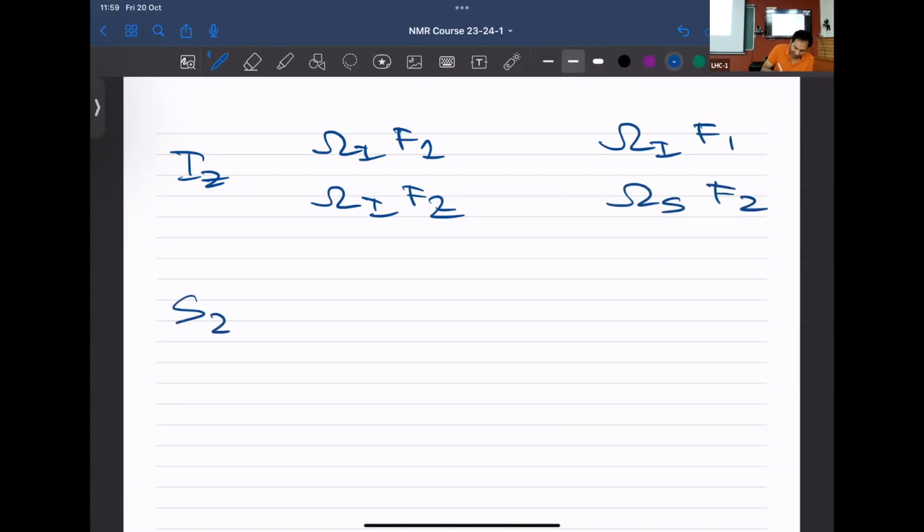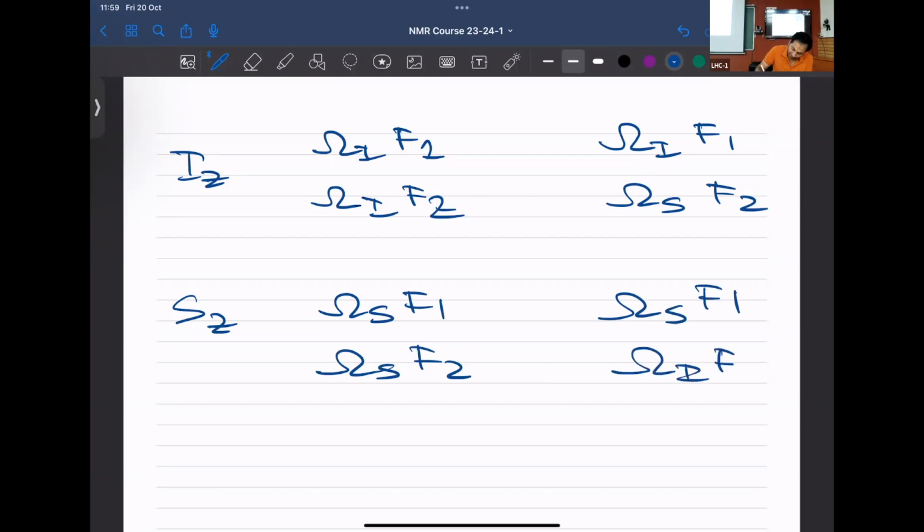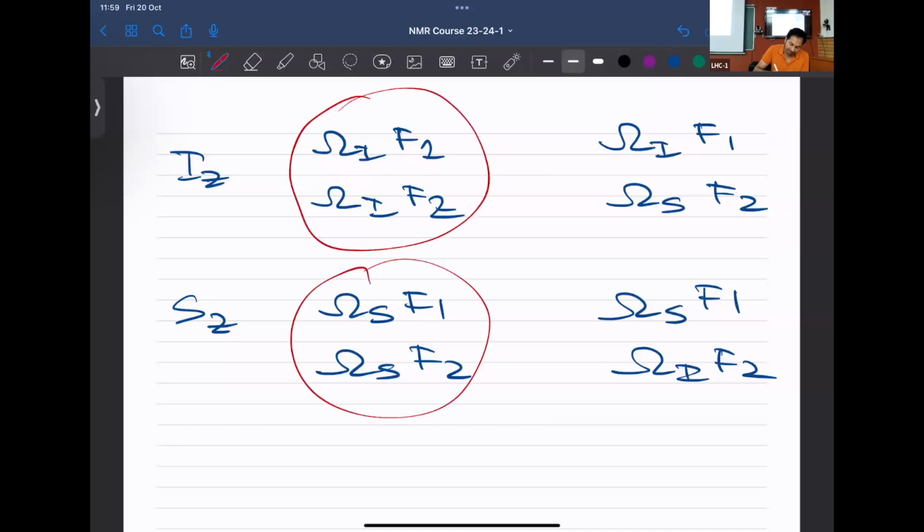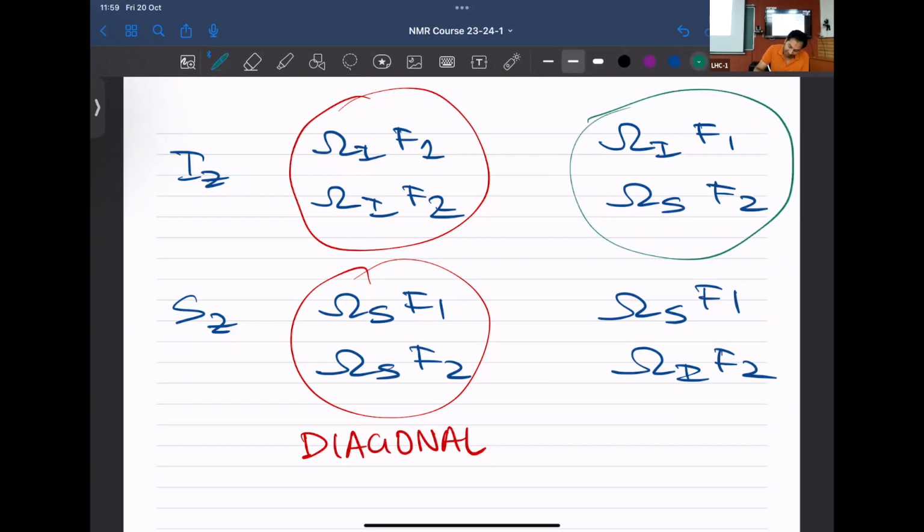So if you repeat the task with SZ, you'll get omega S F1, omega S F2, omega S F1, omega I F2. Just repeat it. Just the indices will be flipped. So wherever you have the same index coming in both F1 and F2, this is called a diagonal peak. On the other hand, wherever you have different indices being correlated, this is called a cross peak.